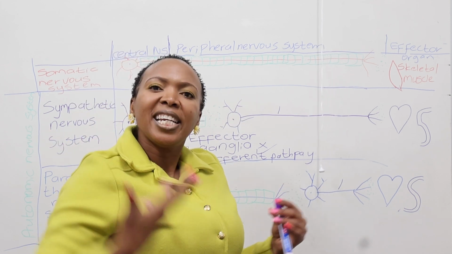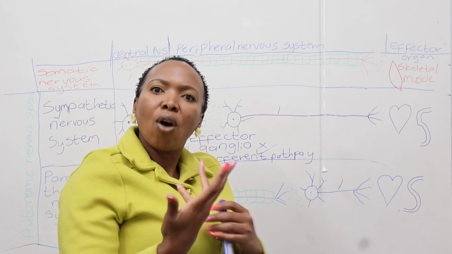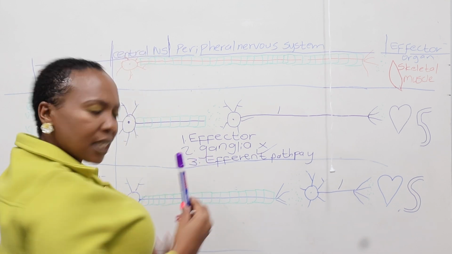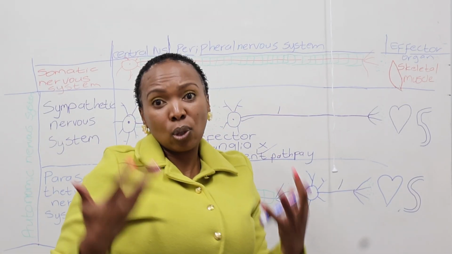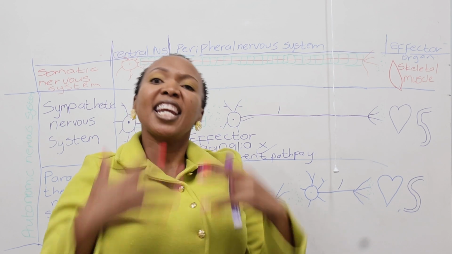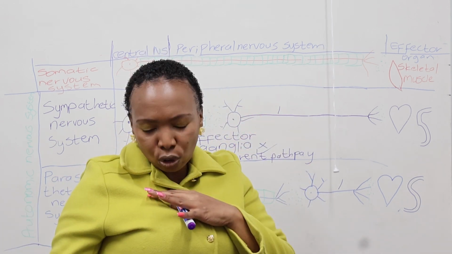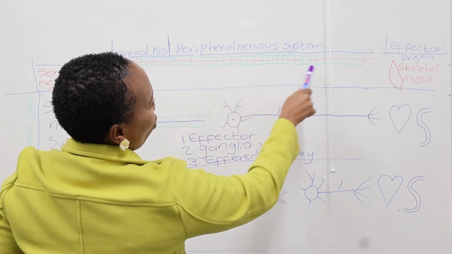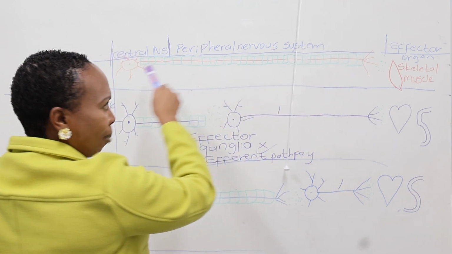It increases the speed of transmitting the information. So let's check the differences in terms of myelination under somatic and autonomic. Under somatic, there's only one neuron and it's myelinated.